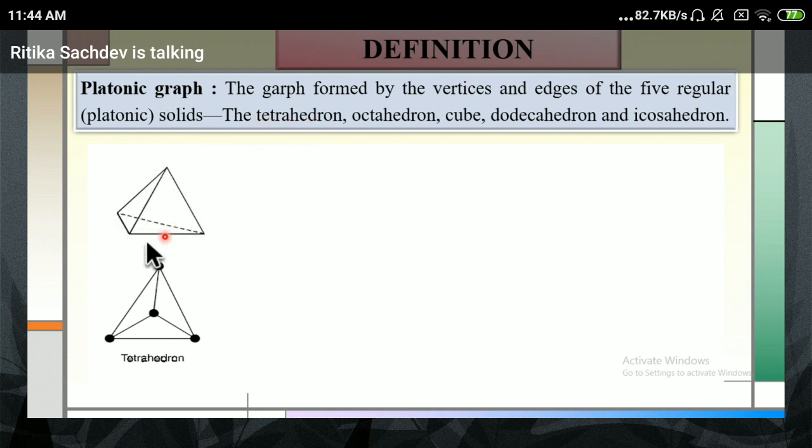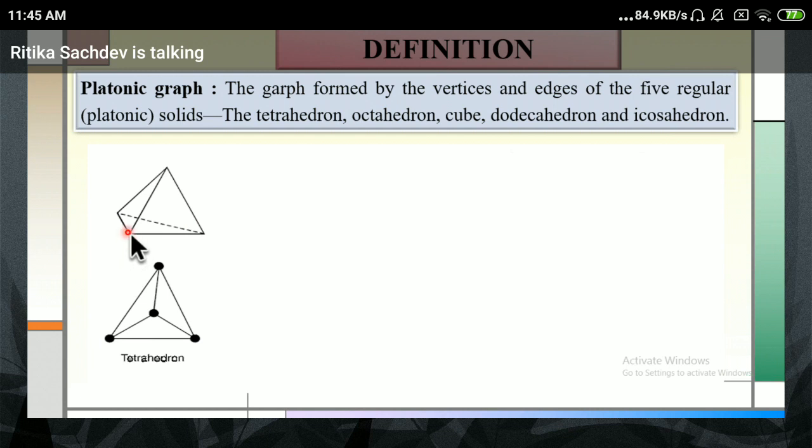Please check. First is a tetrahedron. Tetrahedron has 4 faces. You can check this one triangle, second triangle, third triangle, and below. This is sort of a prism. If you have a prism, we are trying to draw this as a planar graph on a graph paper.